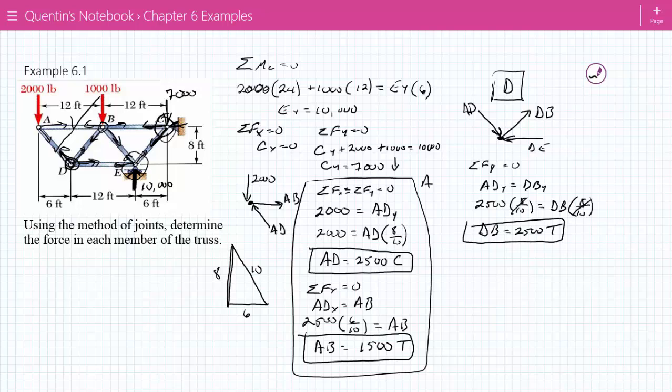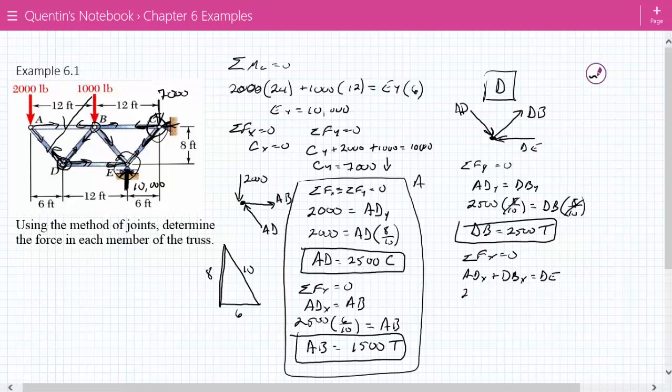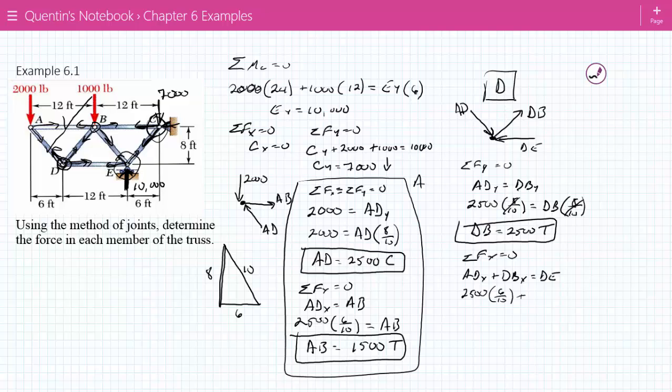Okay. Now let's do our sum of the forces in X equals 0. And so you have AD, the X component of the AD, plus the X component of DB, is equal to DE. So we know what those are. They're 2,500 times 6/10 plus DB, which is 2,500 times 6/10, is equal to DE.